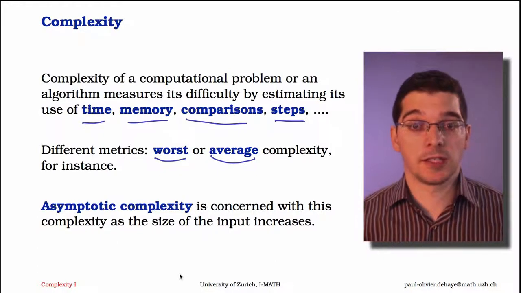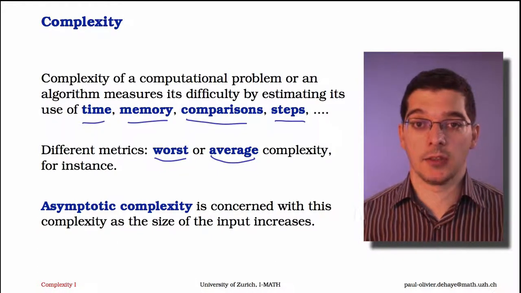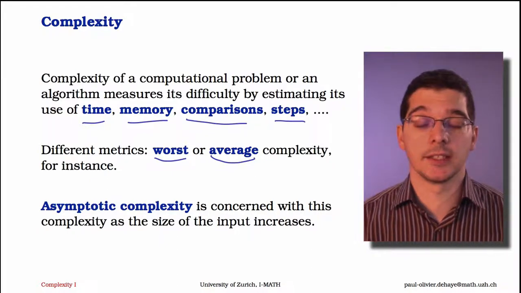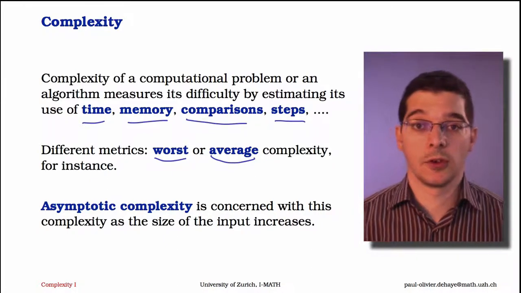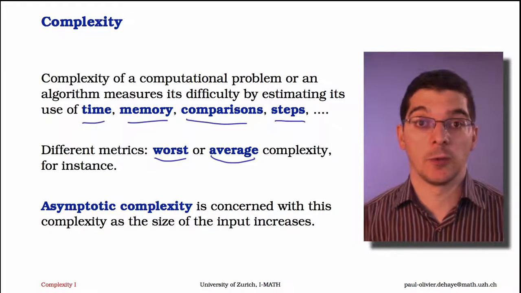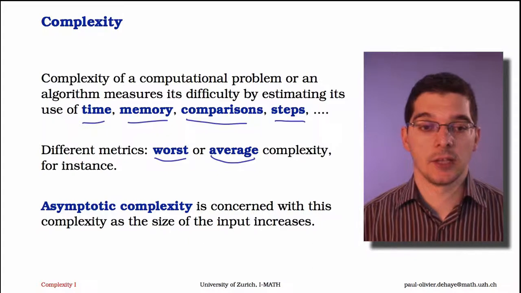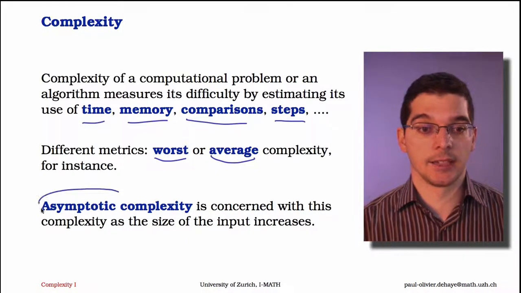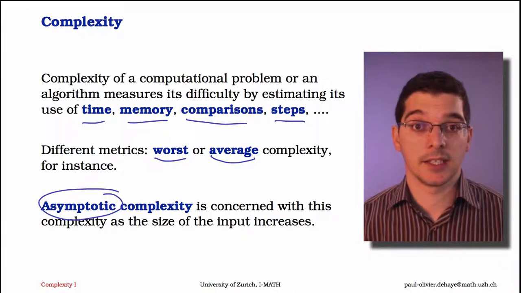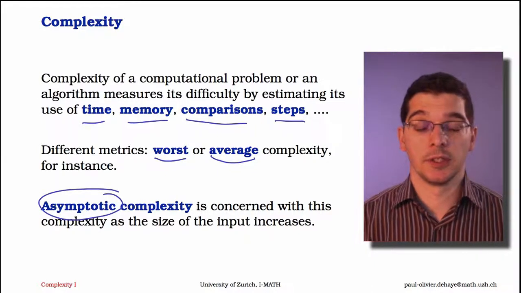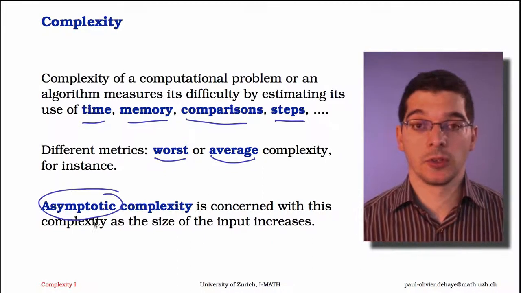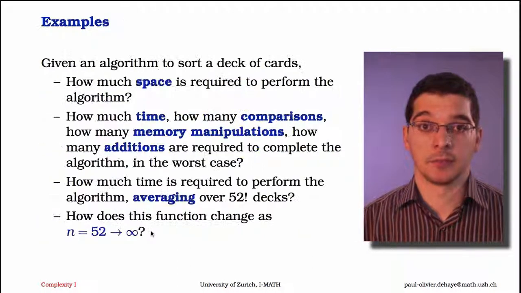Also, are you interested in the current situation, at the current size of the data that you're looking at, or are you interested in the long run? What will happen in the long run? In other words, are you interested in the asymptotic complexity, which is concerned with the complexity as the size of the input increases? In general, people tend to be more concerned about asymptotic complexity.